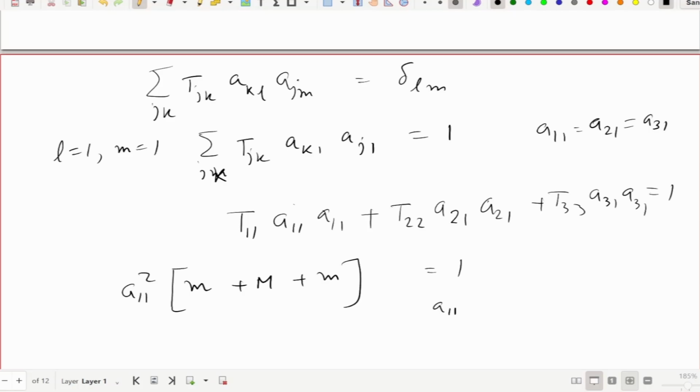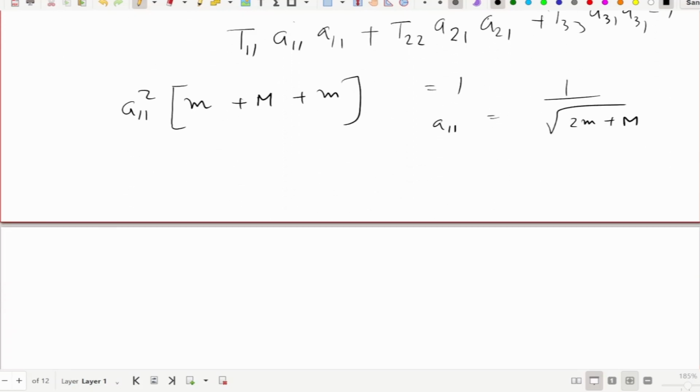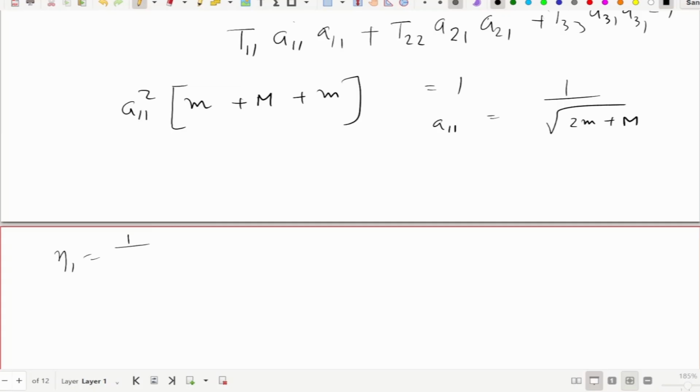So, giving A11 is 1 over square root 2m plus M. So, the eigenvector corresponding to the eigenfrequency omega equal to 0, we obtain that eta 1 is 1 over root 2m plus M times 1 1 1, all are equal amplitude.